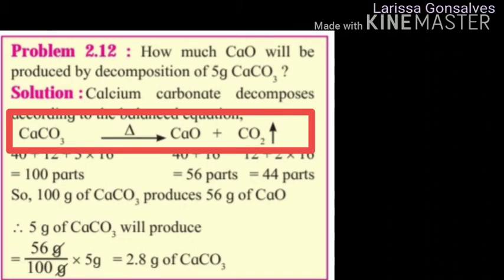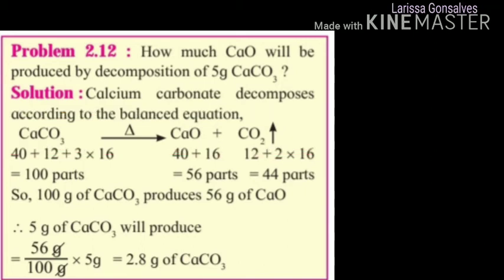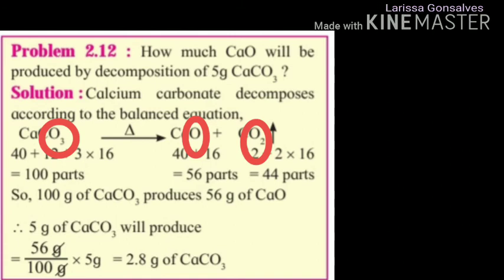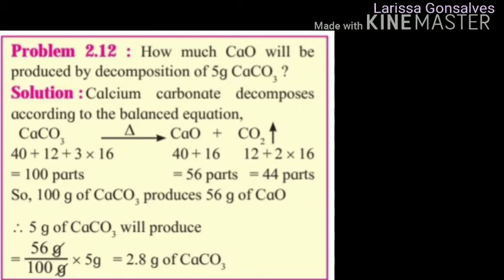The next step is to see if the reaction is balanced. Calcium on the left and right side, 1 atom each, yes it is balanced. Carbon, 1 atom each, balanced. Oxygen, 3 on the left hand side, and again 3, that is 2 plus 1, on the right hand side, hence it is balanced. Now we need to calculate the molecular mass of these compounds.